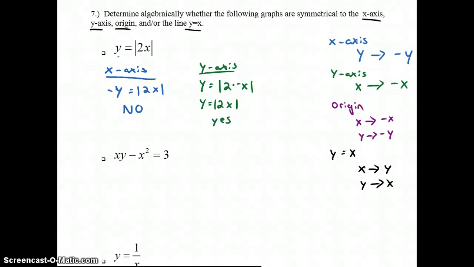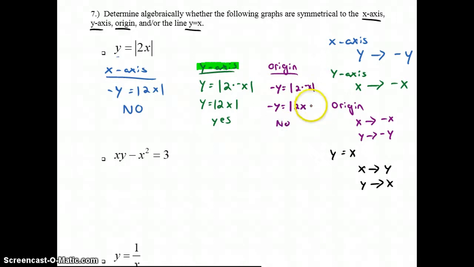You can also see that in the graph of the absolute value function. Third, we've got the origin. If I make our x's into negative x's and y's into negative y's, you end up with negative y equals the absolute value of 2 times negative x, which is negative y equals the absolute value of 2x.